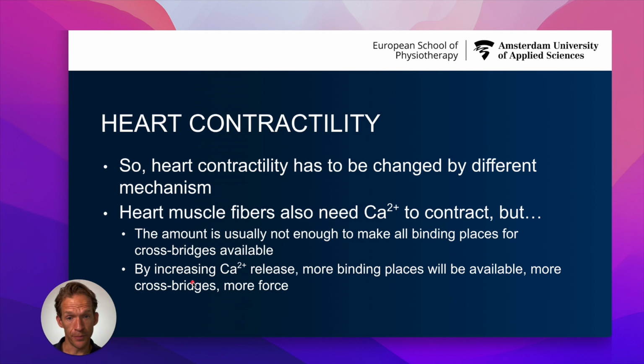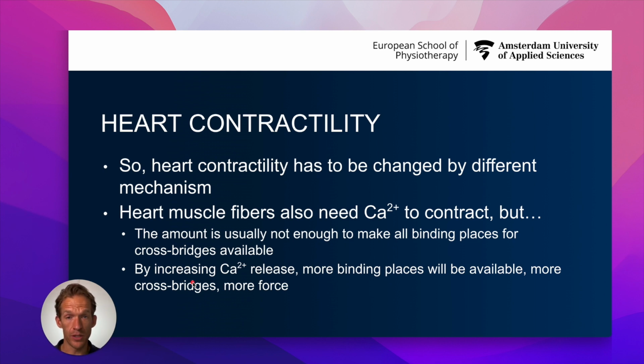Basically, it's about calcium. Calcium is required for the formation of cross bridges in a similar way to the function of calcium in skeletal muscle cells. So the amount of calcium is actually regulated, for example, by the sympathetic input. So a normal level of calcium that is being released will allow a certain number of cross bridges to be formed, but there's always a certain amount of cross bridges that are not formed because there's not sufficient calcium in a resting situation.